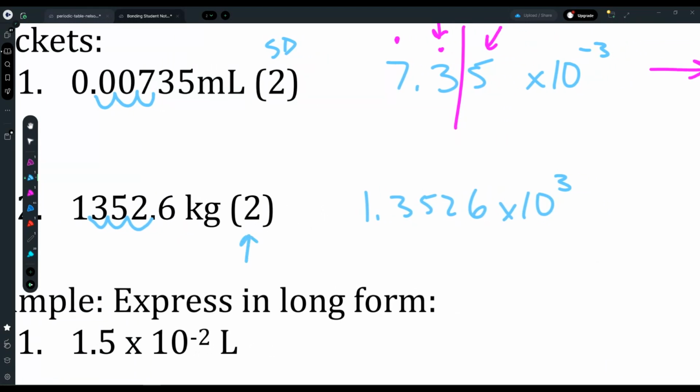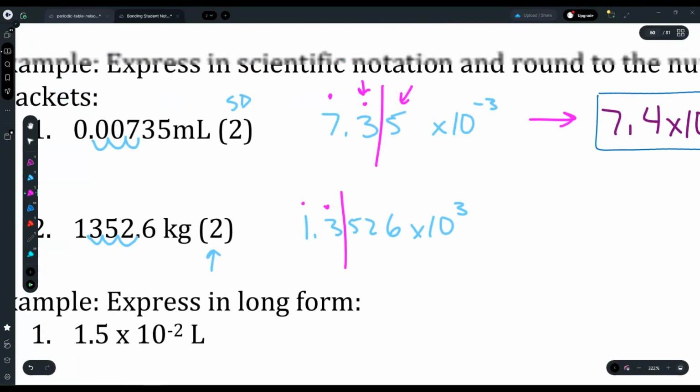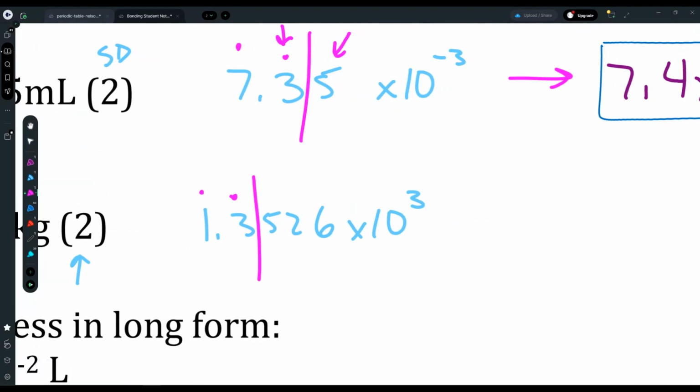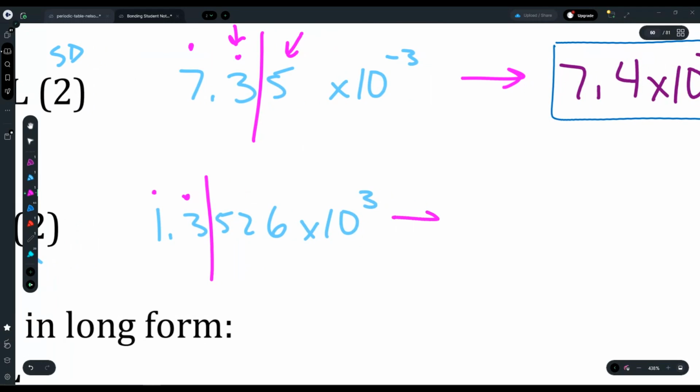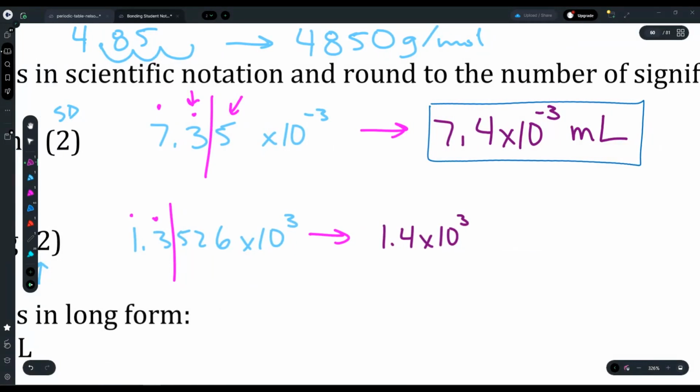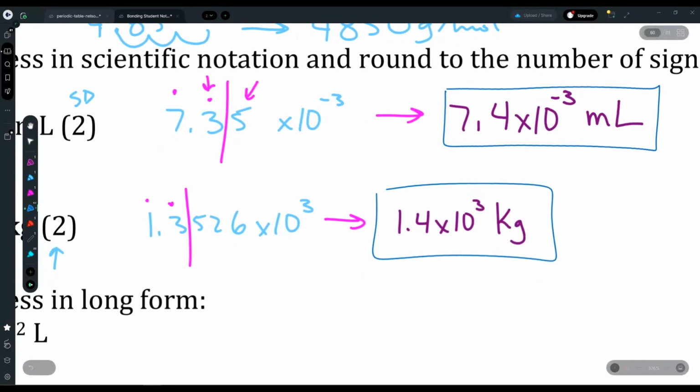Now, we want it in 2 significant digits, so my cutoff line, if I start counting from the far left, is 1, 2. The number right after the cutoff line is 5, which means it bumps up the number in front of it. So this is going to be 1.4 times 10 to the power of 3, and our units are kilograms. And there's my answer.